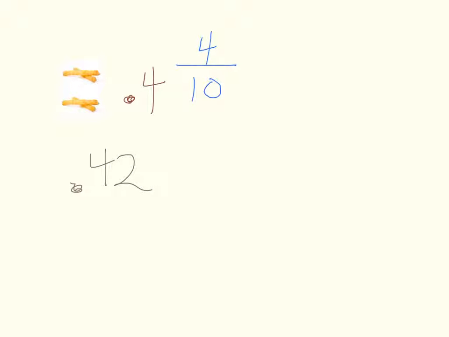But what if I had this decimal that we call 42 hundredths? Well, same kind of idea. I'm going to take a 42 and I'm going to put it over the number 100. 42 hundredths.